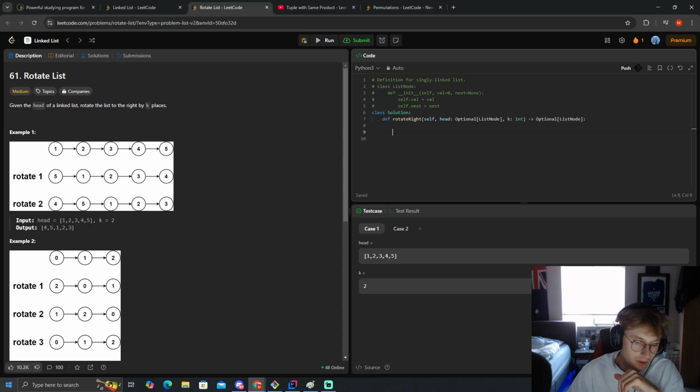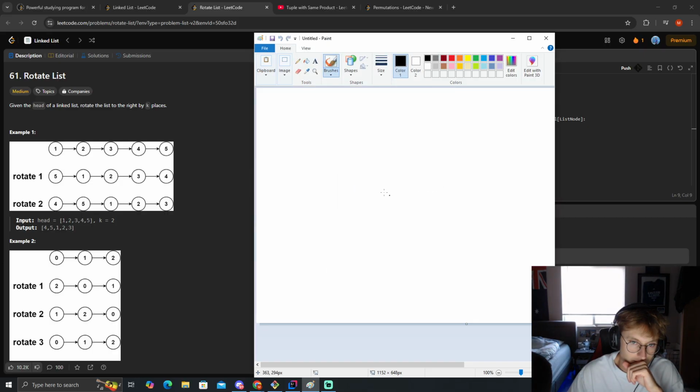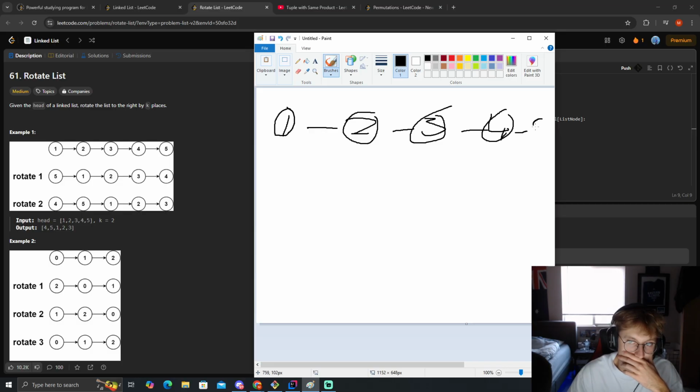I think the way we've got to approach this problem is, we've got our 1, 2, 3, 4, 5, right? So over the first loop we have to find the end value. We've got to loop and make a pointer that points here.